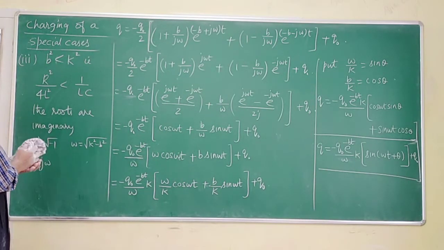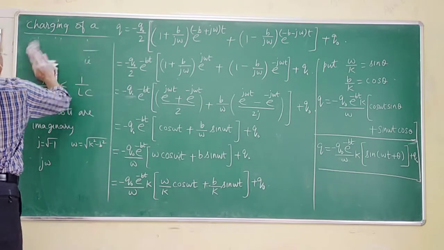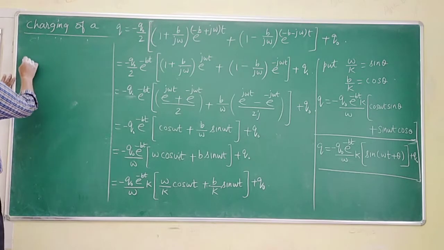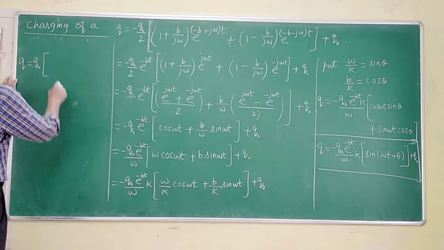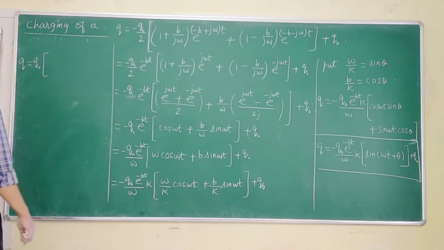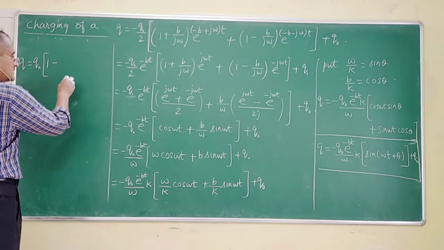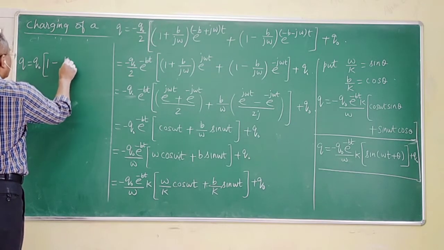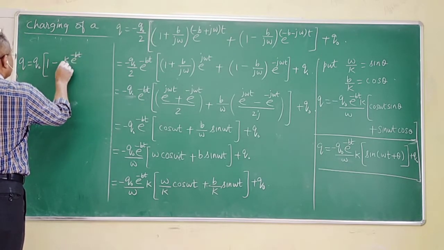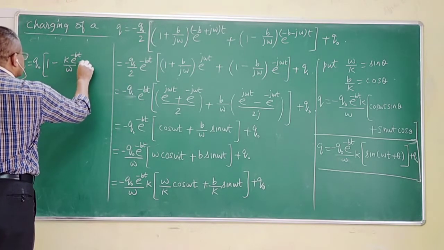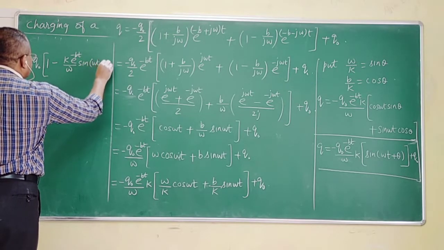That expression will take a form q is equal to q naught into 1 minus k e power minus bt by omega into sin omega t plus theta.